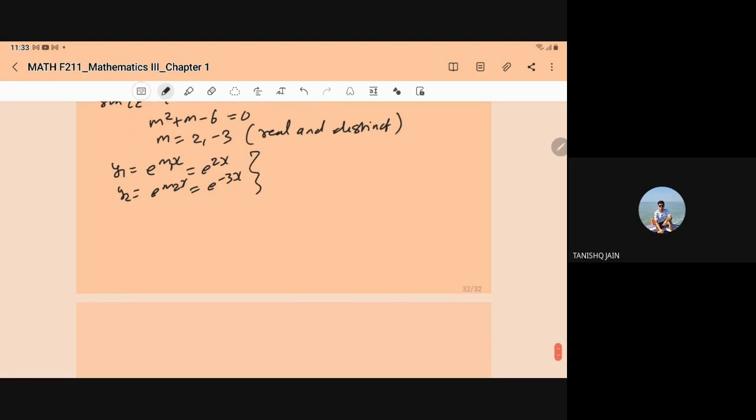So from here we will get the general solution c1 y1 plus c2 y2, that is c1 e to power 2x plus c2 e to power minus 3x. So that is your general solution of the given differential equation.